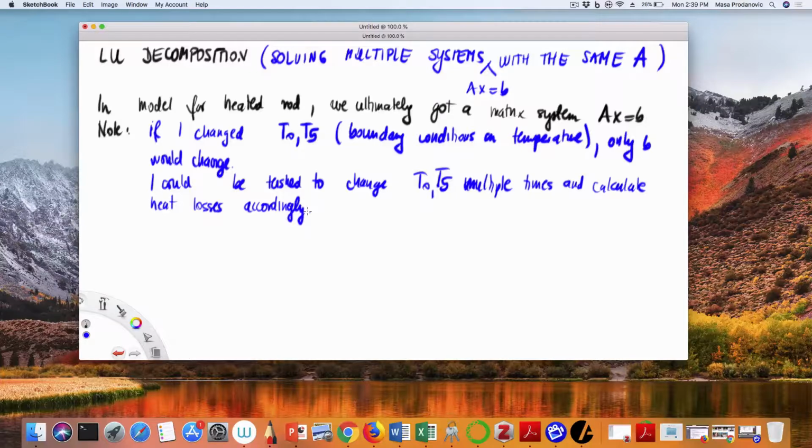In which case I'm solving AX is equal to B. I'm going to call this B1. AX is equal to B2. And so forth. AX is equal to B, N times, or M times, I don't know.